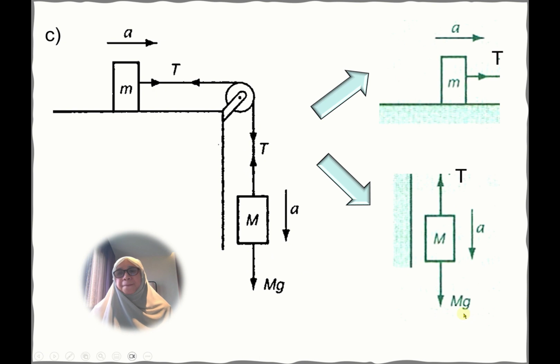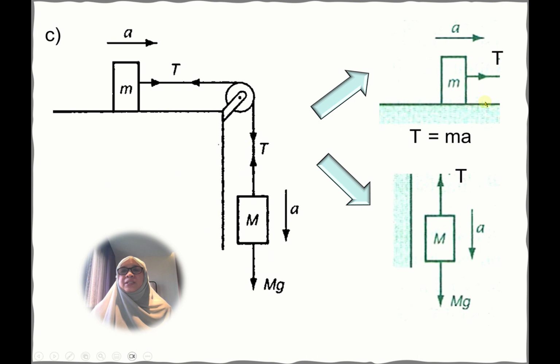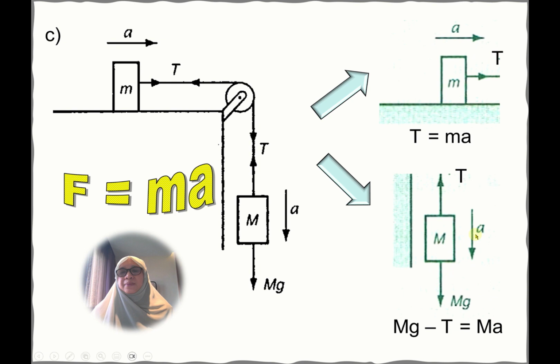So using F equals MA, the first one will be T equals MA. T is positive because it is in the same direction as A. And then for the second body, capital M here, Mg is downward, same direction as A, so Mg will be positive minus T. T is upward, so Mg minus T equals capital MA.